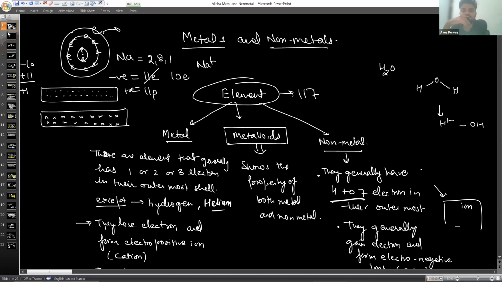Next, metals have low ionization enthalpy and non-metals have low electron gain enthalpy. Note it down on your own.